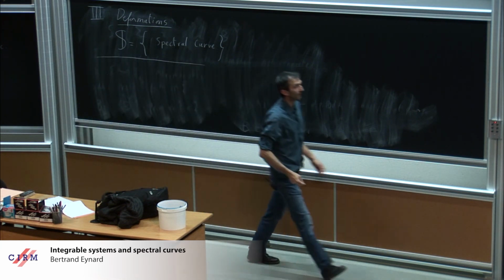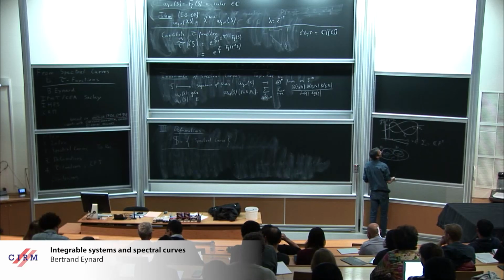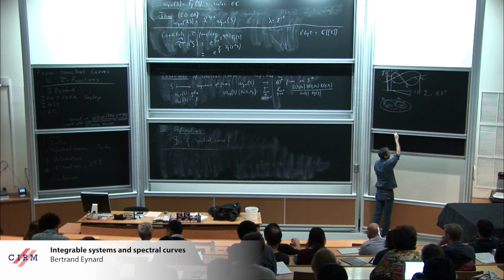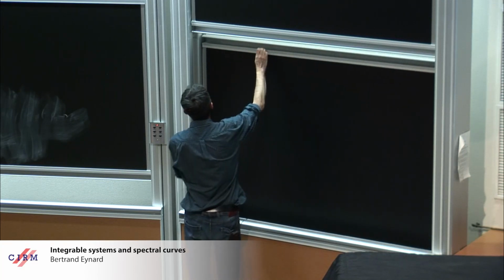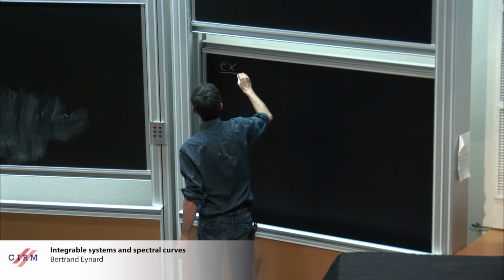And in fact, I will take my example here, and this example will be related to a KdV tau function. So, example of spectral curve.